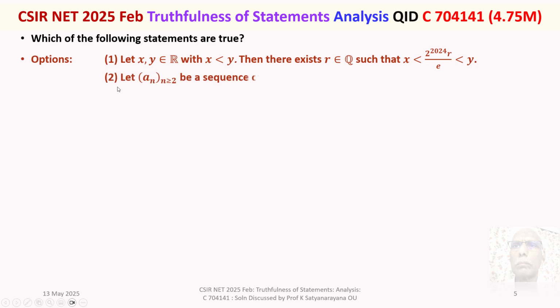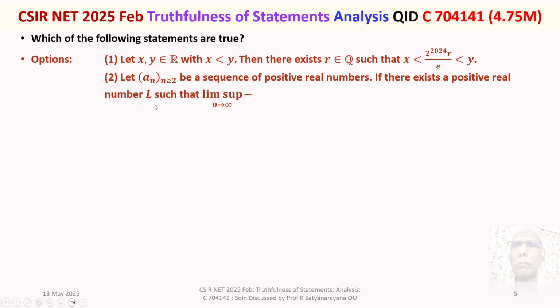Option 2: let a_n, n greater than or equal to 2, be a sequence of positive real numbers. If there exists a positive real number L such that limit superior of a_n by log n is equal to L, then the limit superior of a_n is finite.